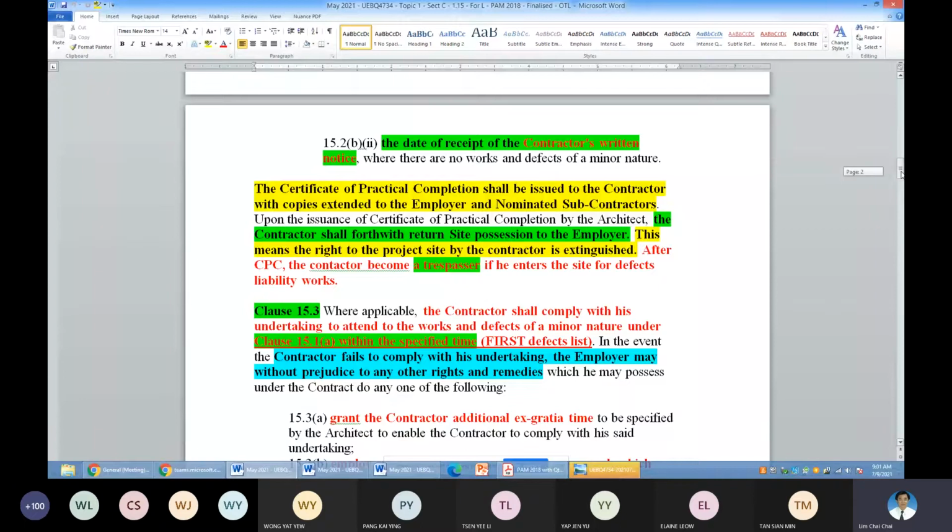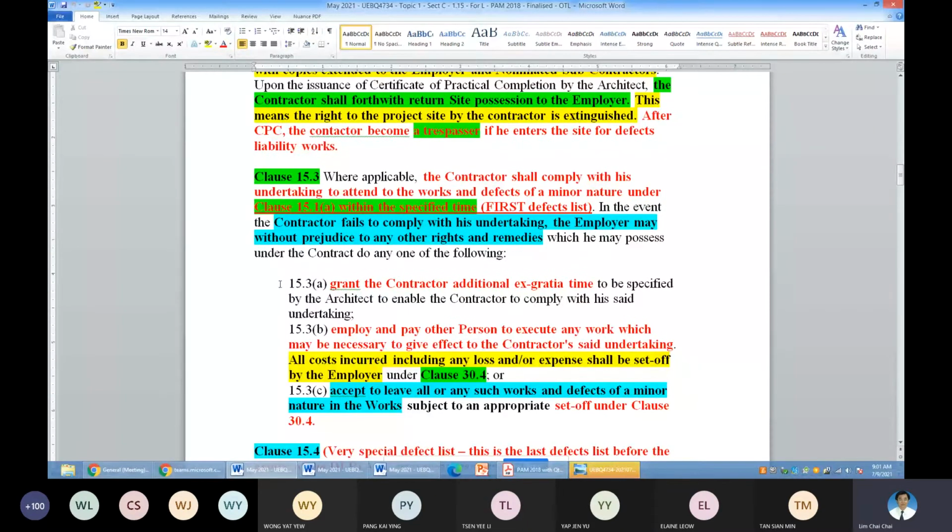If the contractor didn't carry out the defects remedial work within a certain time frame, then these are the options available for the employer against the contractor: grant the contractor additional time, ask a third party to do it and charge it to the contractor, or 15.3c, ask the QS or the architect to work out the defects and the cost reduction, and leave it as it is. So these are the three clauses, and how it operates.